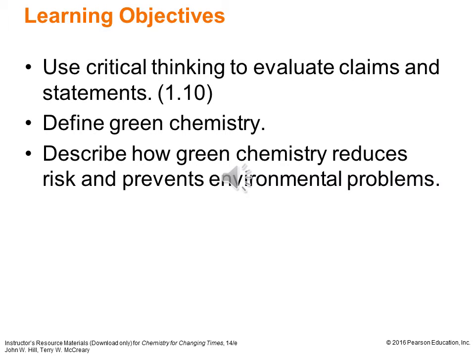And finally, we'll use critical thinking to evaluate claims and statements. We'll define green chemistry and then describe how green chemistry reduces risk and prevents environmental problems. So as you can see, we have a lot of objectives and a lot of work to do in this first chapter and throughout the rest of the course. So let's get to it.